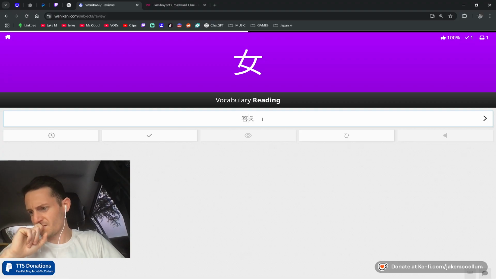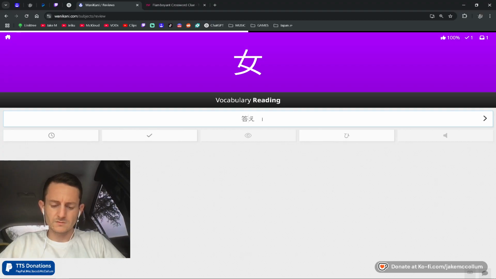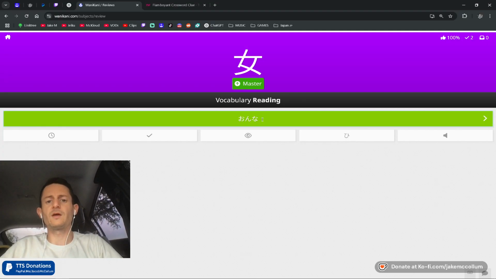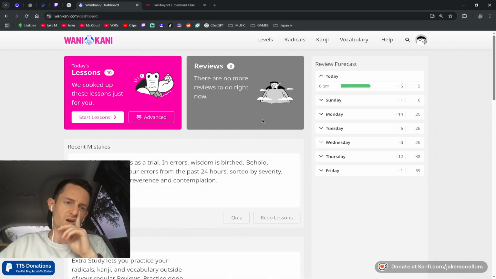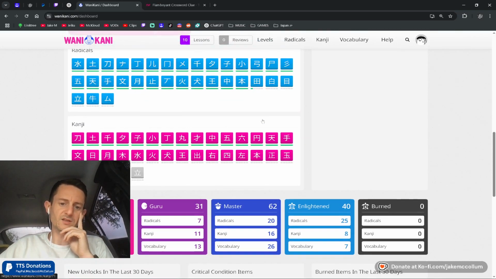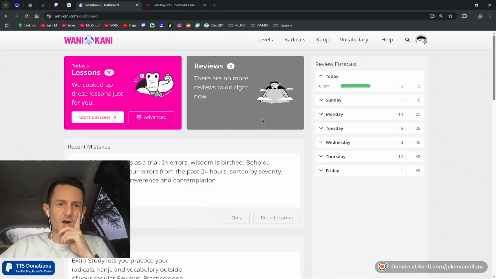They are on... yeah, they are on a roll. Women are always on a roll. Alright, good. Okay, that was a good kanji lesson today. Good kanji lesson today.